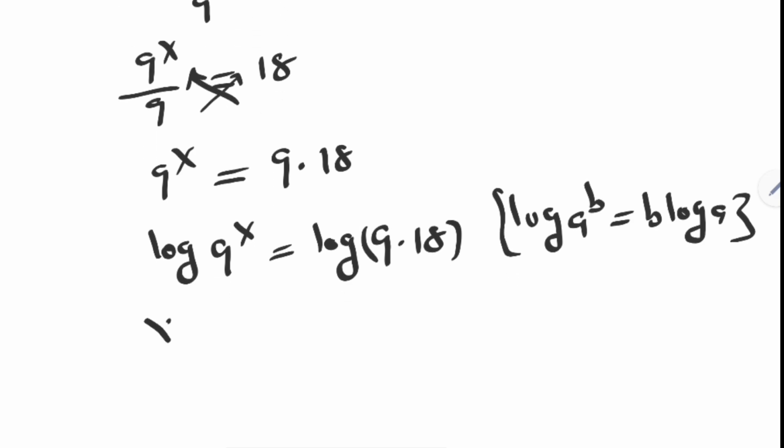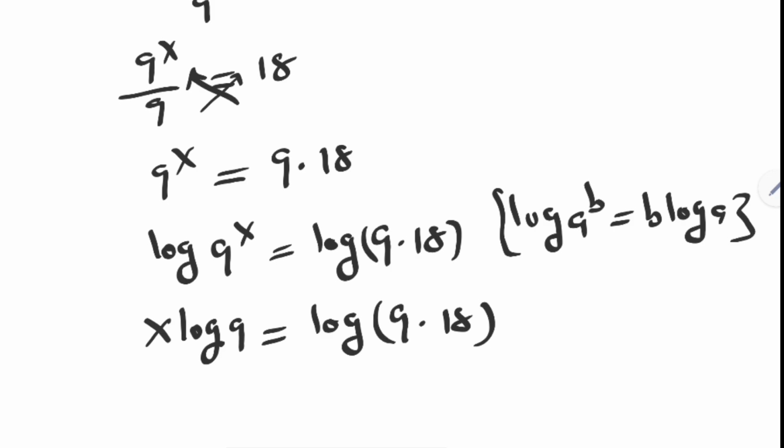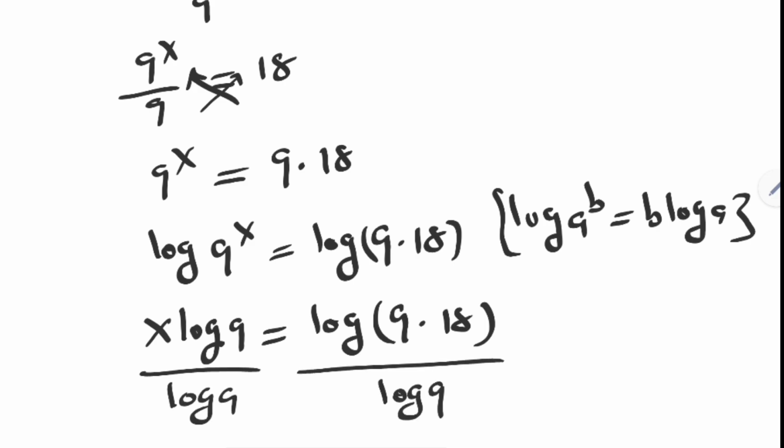And this is x log 9 is equal to log 9 multiplied by 18. Let's divide both sides of this equation by log 9. We have this divided by log 9, and the whole of this is divided by log 9. This log 9 cancels this log 9.